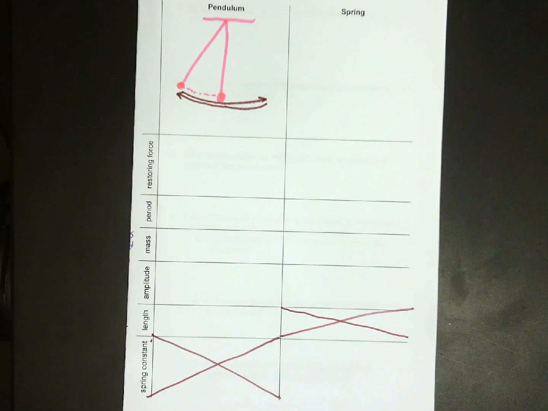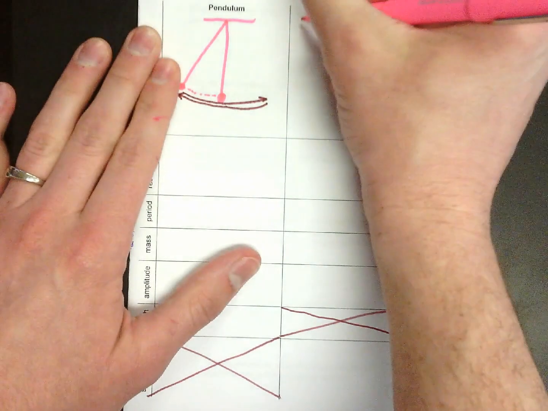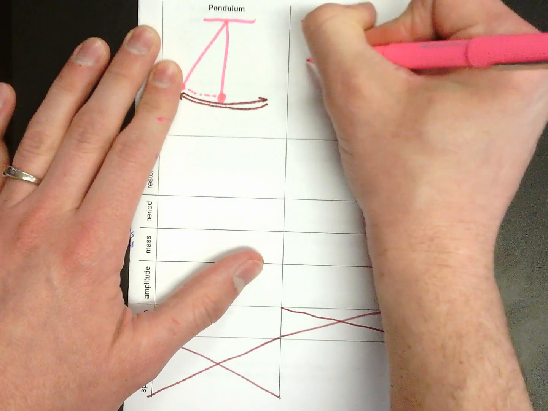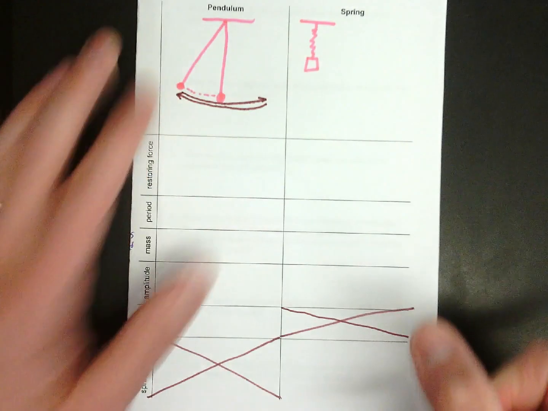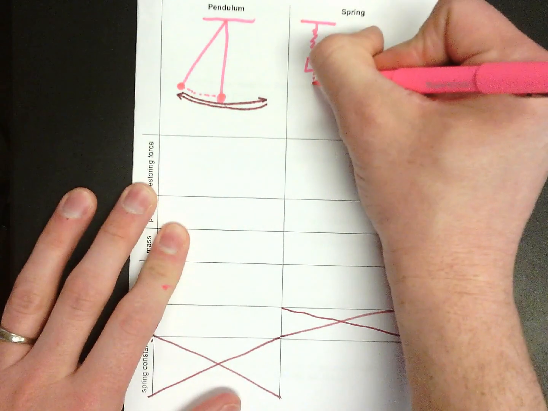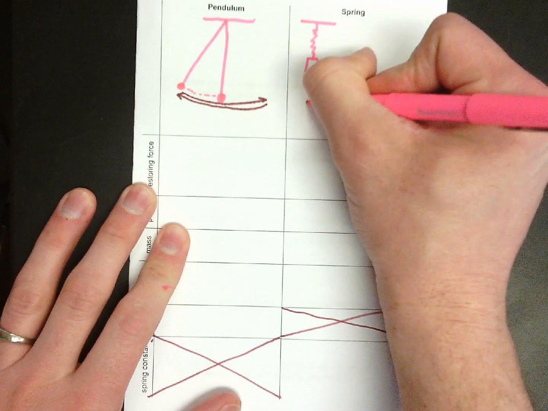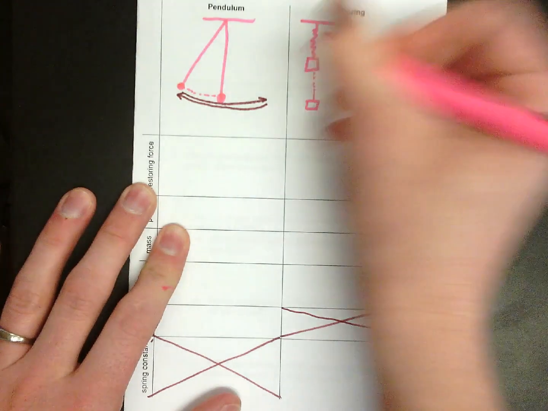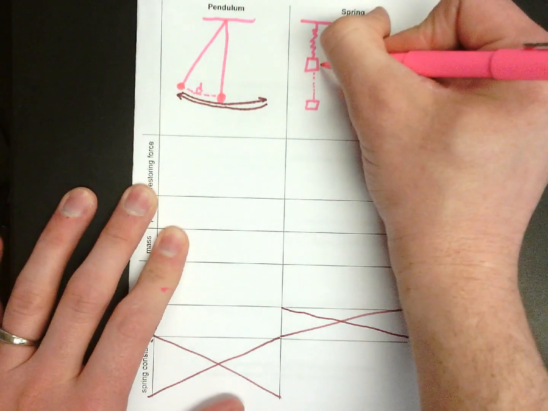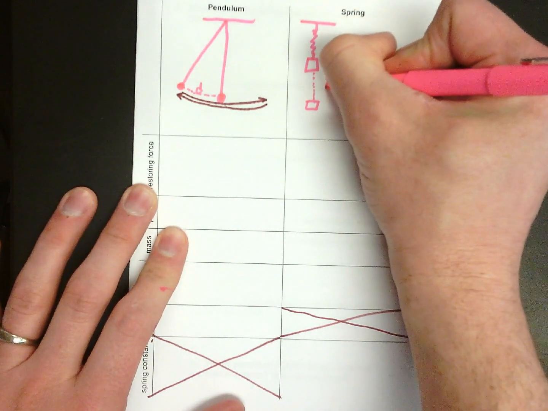Springs are similar. You have some sort of spring attached to something, with a weight hanging on it, and then you stretch it out. This, by the way, is some distance we'll call D. This is stretched out also some distance.